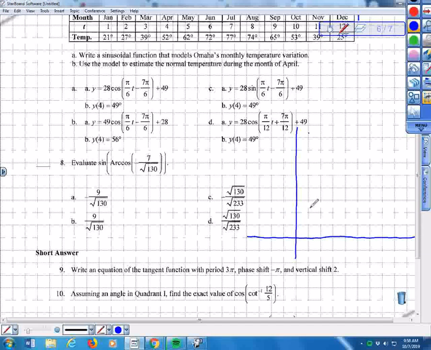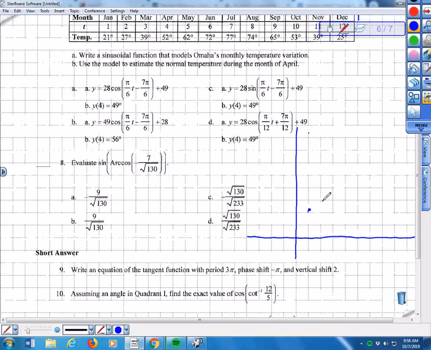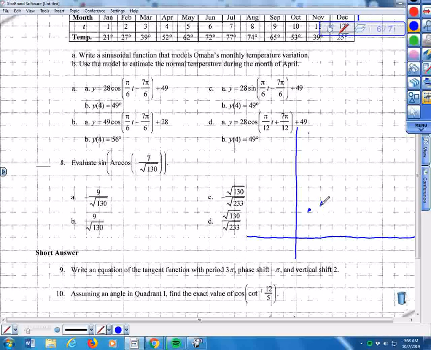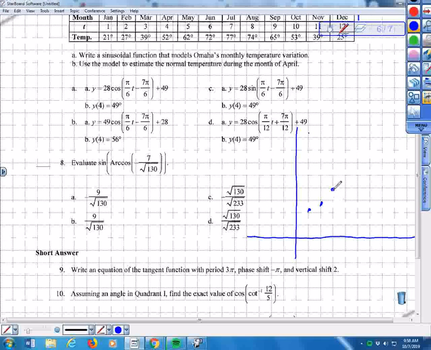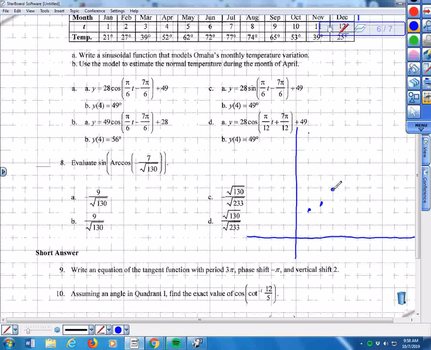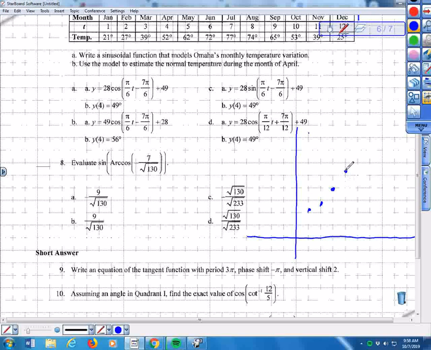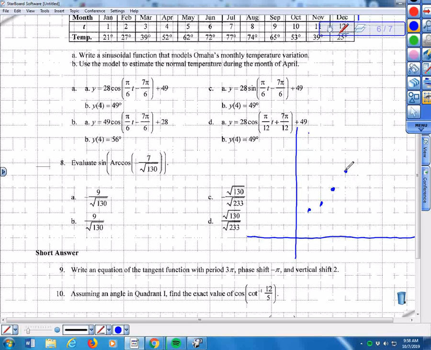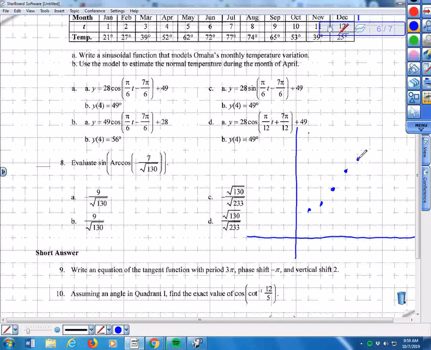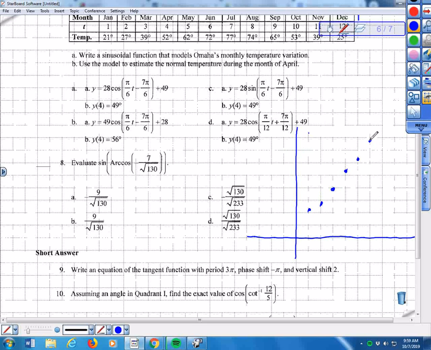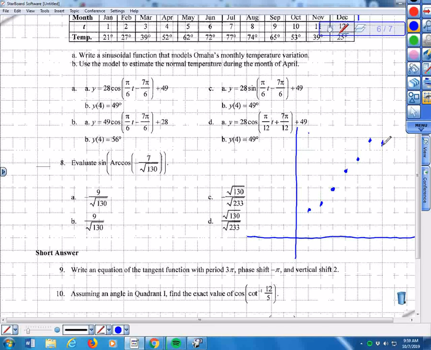So 1/21, 2/27, 3/39, close to 40, 4/52, 5/62, 6/77, 8/74, 9/65.